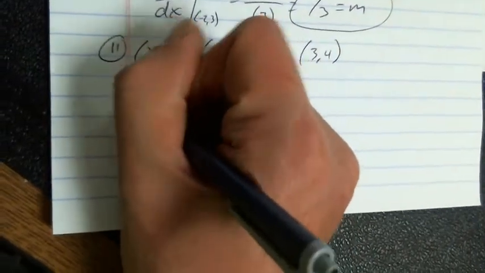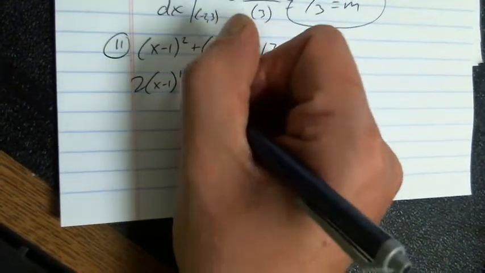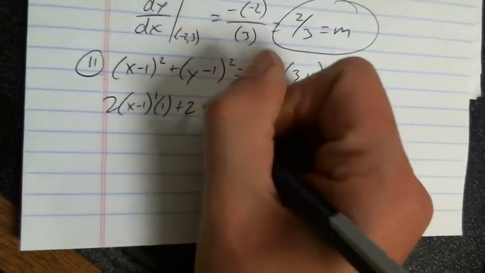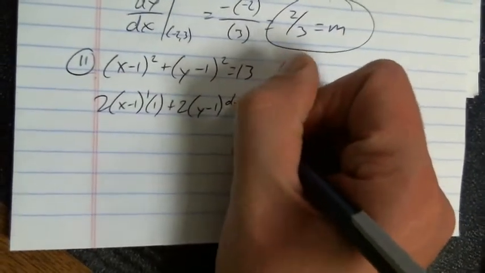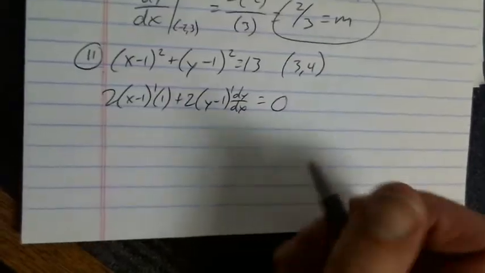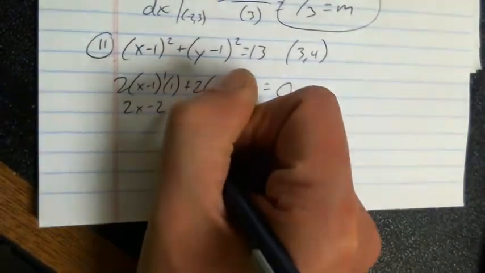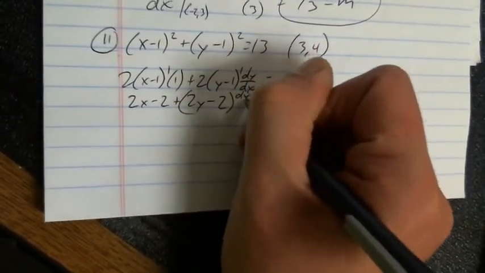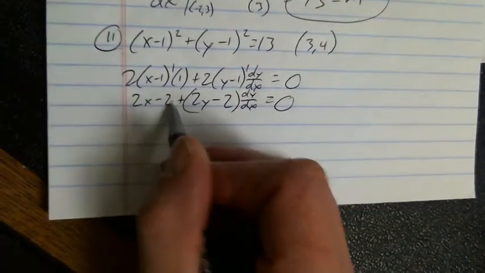It's going to be 2 out in front, x minus 1 to the first, times the derivative of x, which is 1. Good old chain rule. Plus 2 times y minus 1 times the derivative of y. Alright, so we wind up with 2x minus 2 plus 2y minus 2 dy/dx equals 0. Subtract these, divide by that.